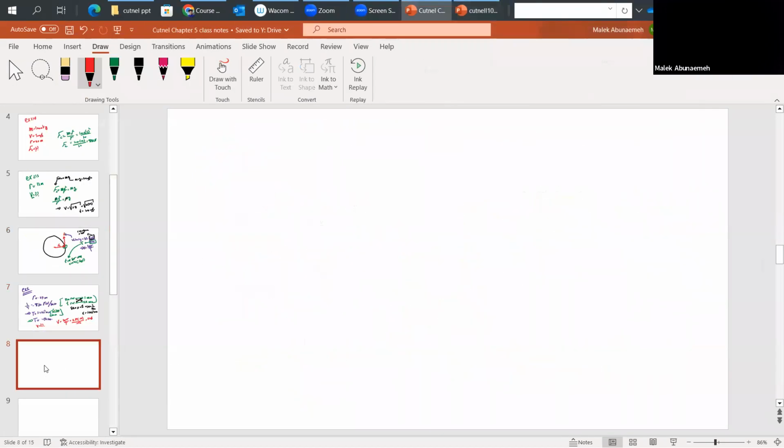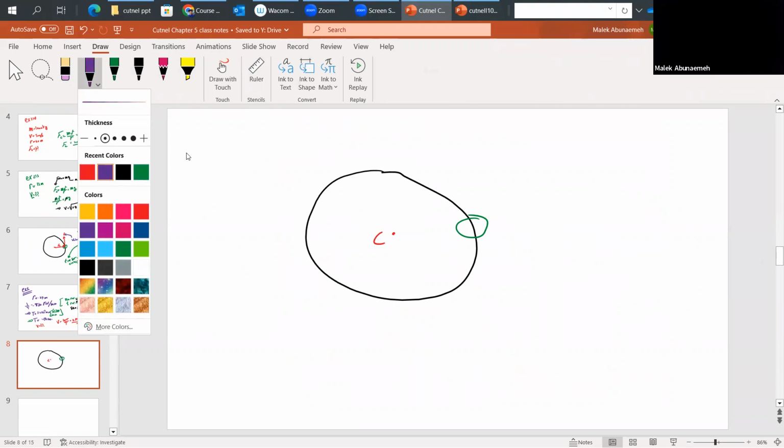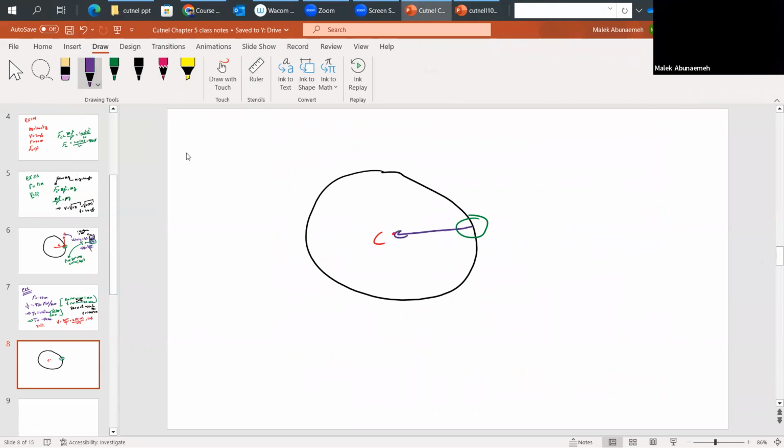Now, let's look at our little ball again that's going in a circle. So let's say here's my little circle again, and this is my ball that's going in a circle. Let's say this is our center of the circle. I'm just going to call it C. You got your centripetal force pulling in this way, which is your radius.